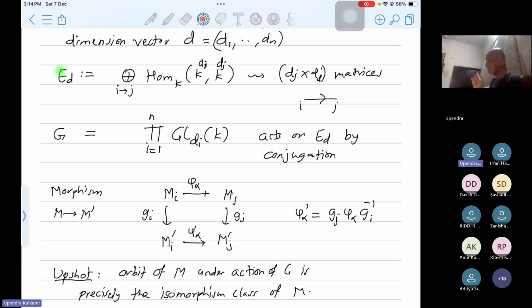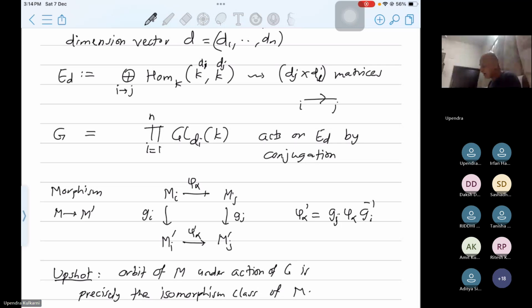Take this E sub d and let the group GL, sorry, this is k to the d_i. So this is the d_i cross d_i invertible matrices.